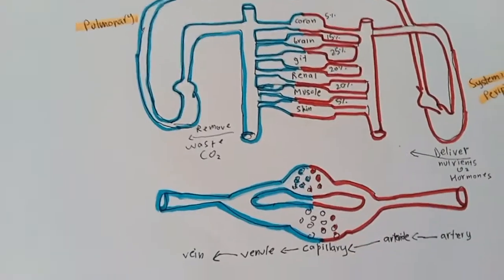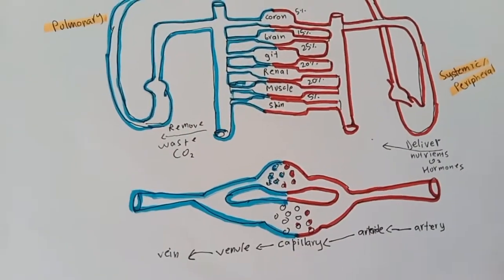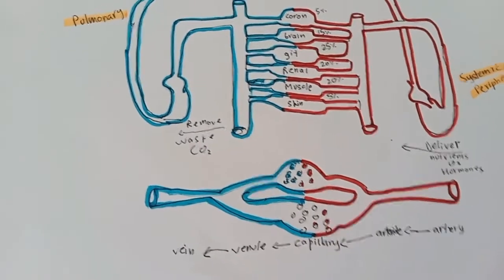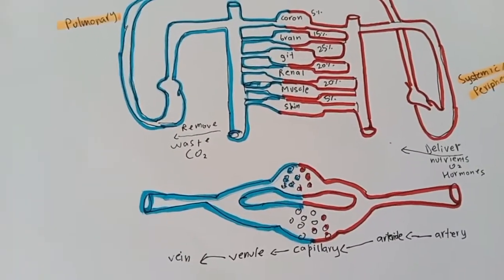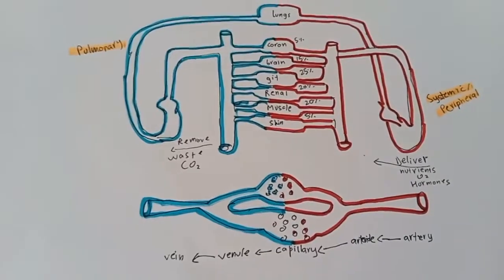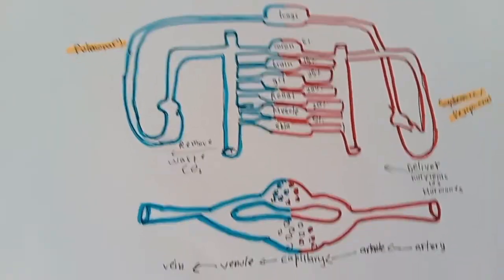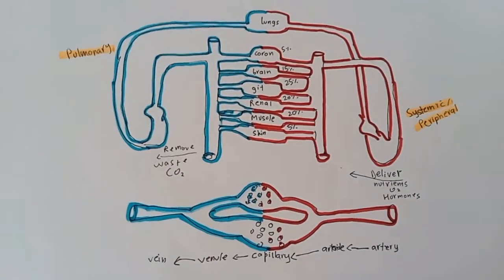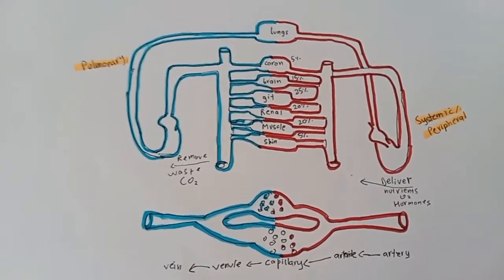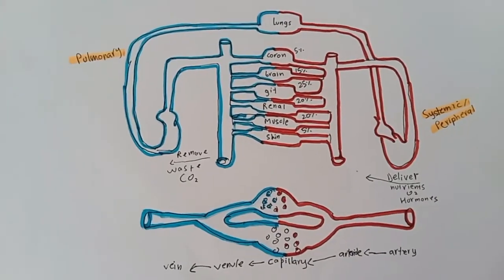Another thing to keep in mind is that the blood that we're delivering and removing, to remove waste and carbon dioxide, deliver oxygen, nutrients, etc. To do this process, we have around 5 liters of blood in our body. But that does depend on your body size or if you're a male or a female.